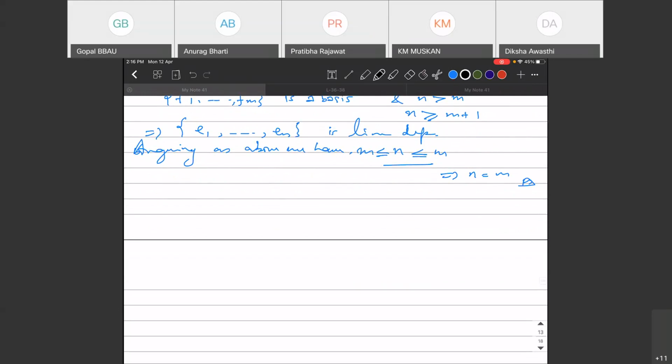So let's see. We are bothering about this number because it gives an important notion that is called the dimension of the vector space. Let's define the dimension of a vector space.